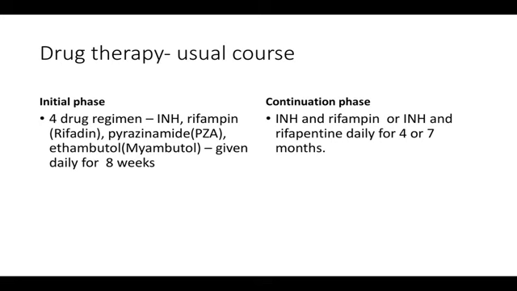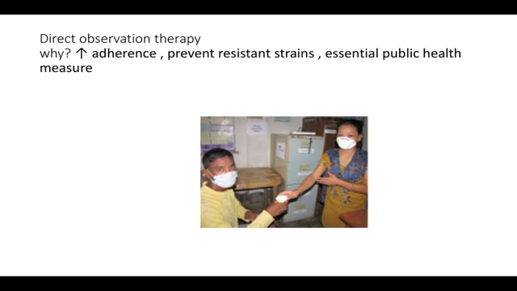We want to make sure that they understand the importance of taking these on a daily basis. Now, if it's a person that's at risk to maybe not adhere to the routine, they may require directly observed therapy because we have to make sure these patients get the medication, because this is going to prevent this whole thing from occurring, right? It's going to prevent this contagious disease from being spread out into the community.